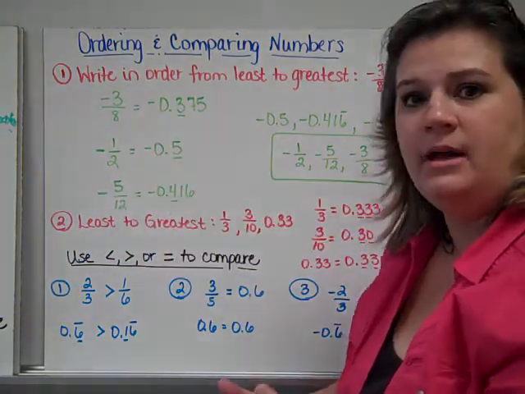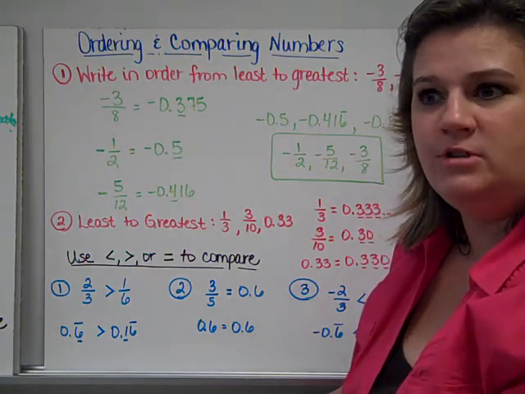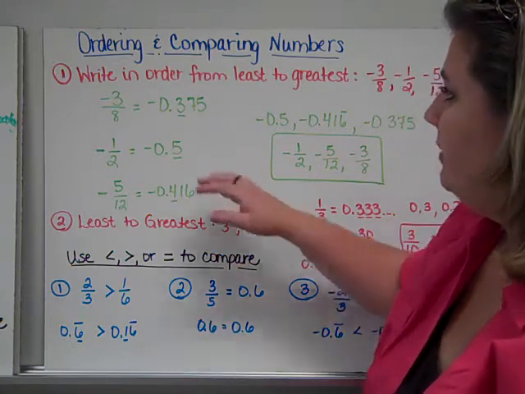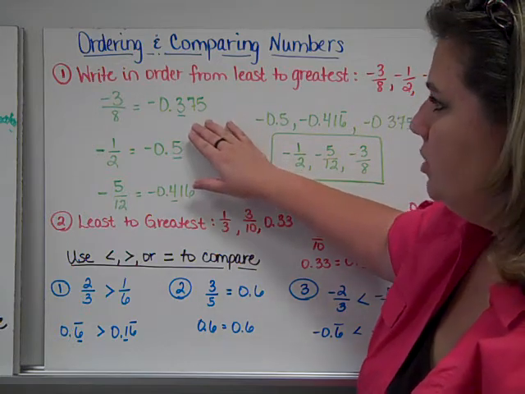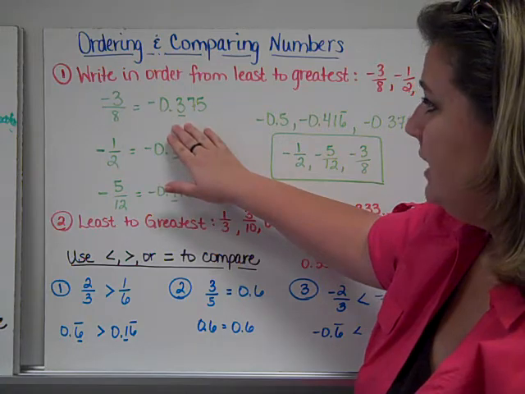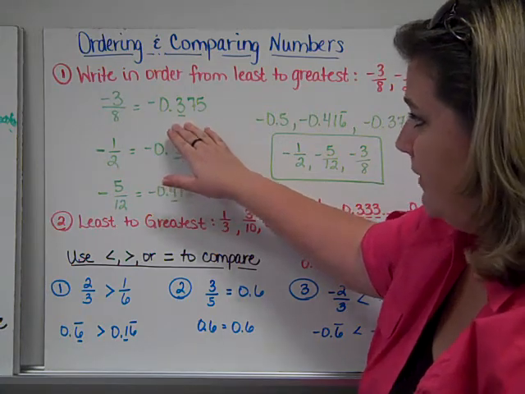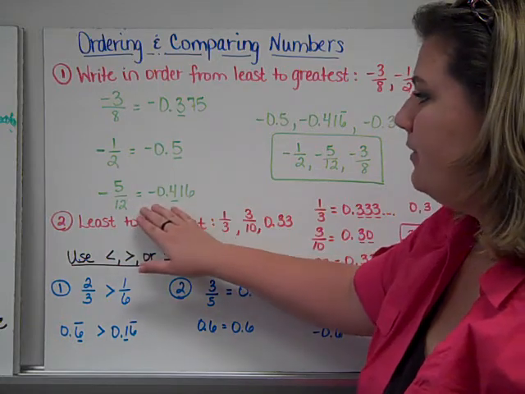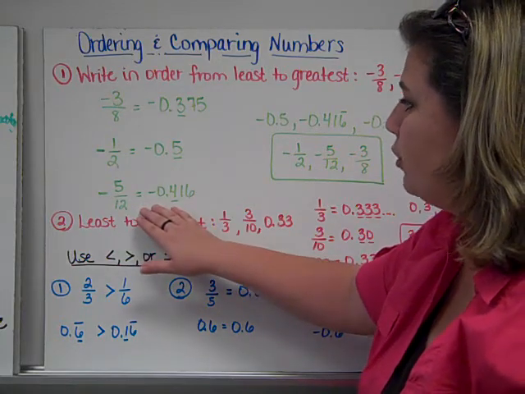We can compare them as fractions, or it's just easier sometimes to go ahead and put them in decimal form to see their place values a lot easier. So when I convert this one to a decimal, I get -0.375. -1/2 is -0.5, and then -5/12 is -0.416.